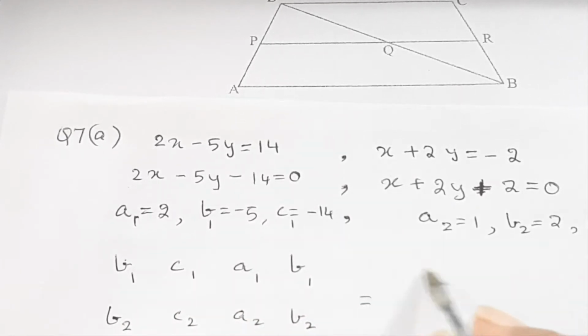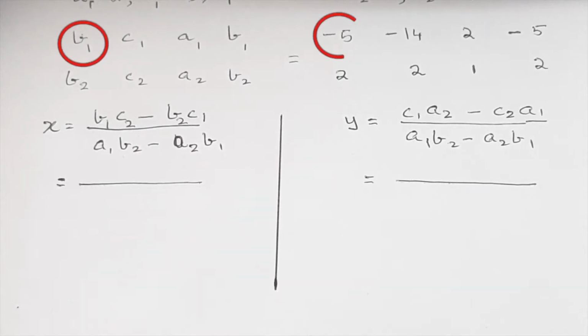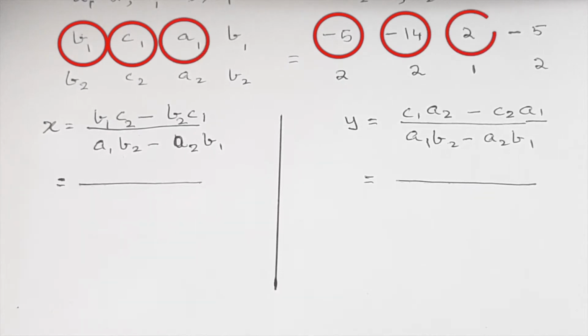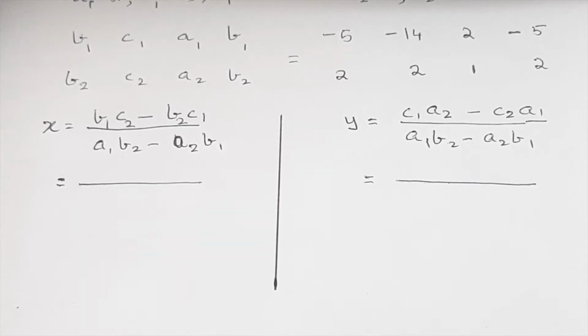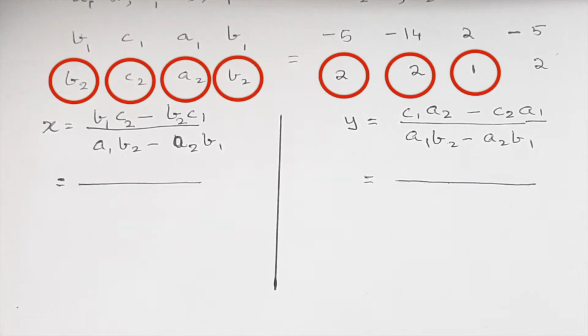And now this side we will write the values. So b1 is minus 5, c1 is minus 14, a1 is 2 and b1 is minus 5. And below this, exactly one below the other, we will be writing b2 means 2, c2 means again 2, a2 means 1 and b2 once again 2.